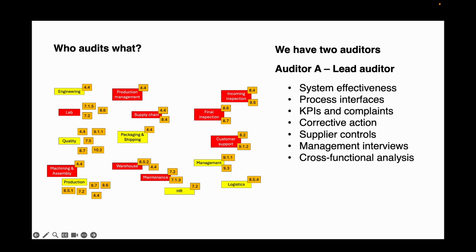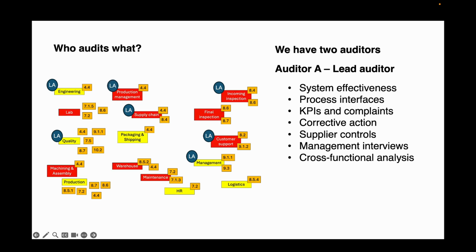So auditor A should take the parts of the audit where cross-functional thinking and system judgment are especially important: quality management, customer support, supply chain, incoming inspection, engineering, and also production management.